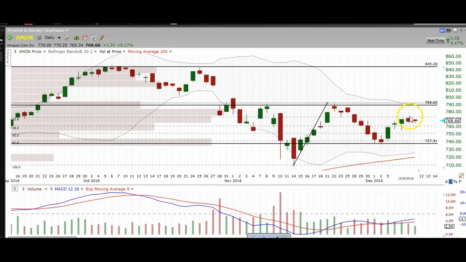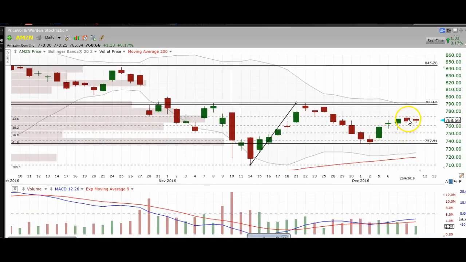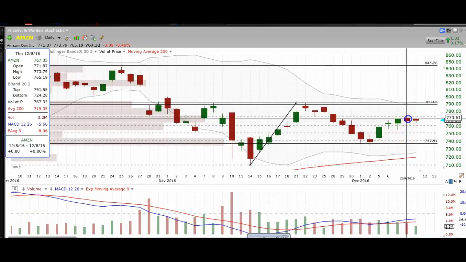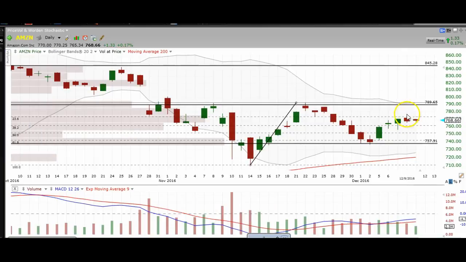Nice bounce, and you can see that we headed higher right here. In the short term, you want to look for the highs of Thursday to get broken, about 774. If 774 gets broken, we can come up here and test this level up here near 790, and this is a big time resistance level. You can see how many times we've tested it and got rejected.